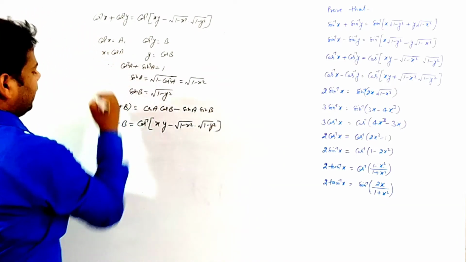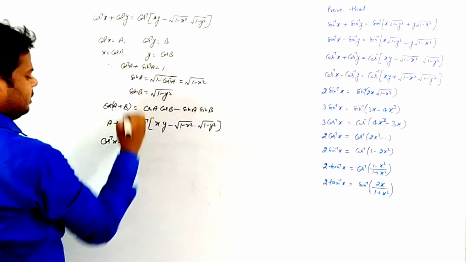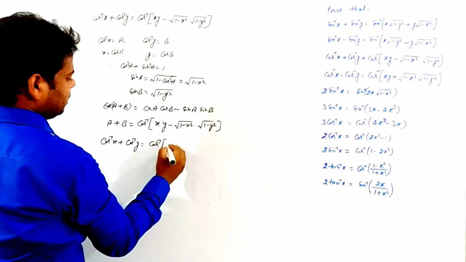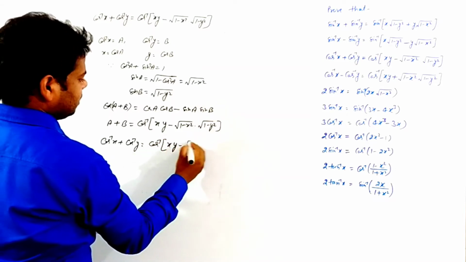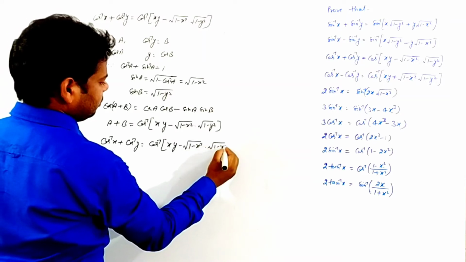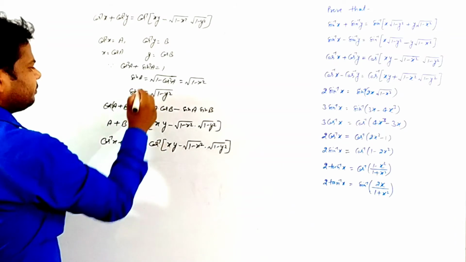Here a is equal to cos inverse x and b is equal to cos inverse y. So cos inverse x plus cos inverse y is equal to cos inverse in bracket xy minus under root 1 minus x square into under root 1 minus y square. Here the third formula is verified.